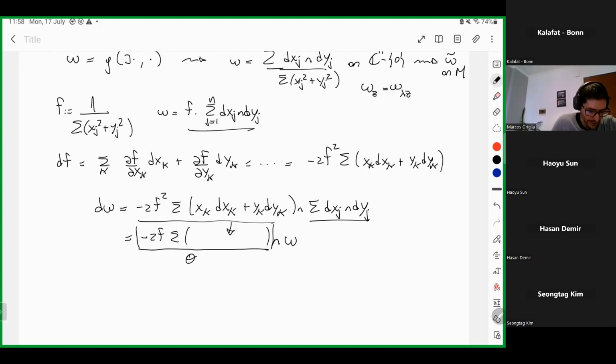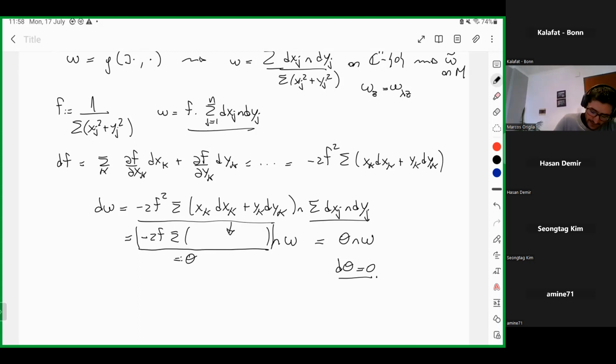Okay, so this lets us know that this part is the one form we need. So if we define theta just by this, we have that d omega is theta wedge omega. And if you see how this theta is defined, it's very easy to check that this is closed, right? You can do it as an exercise. And again, the definition of this theta descends to the quotient, because it's f times something. So the lambda is canceled if you do it in lambda z.